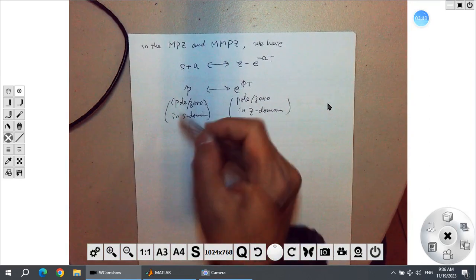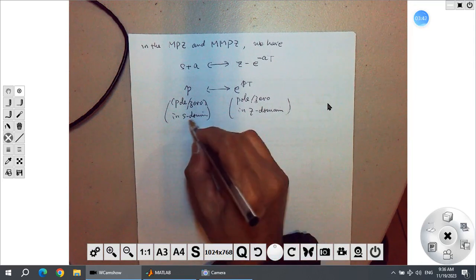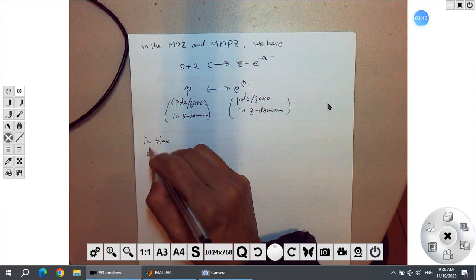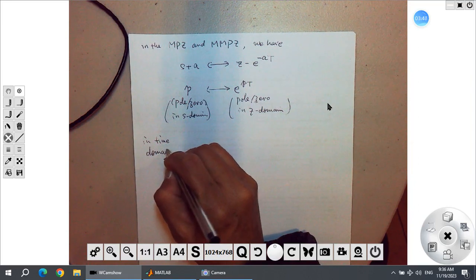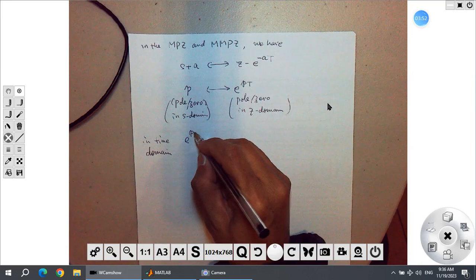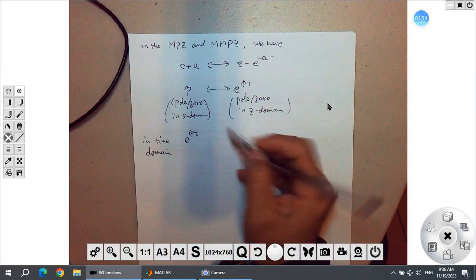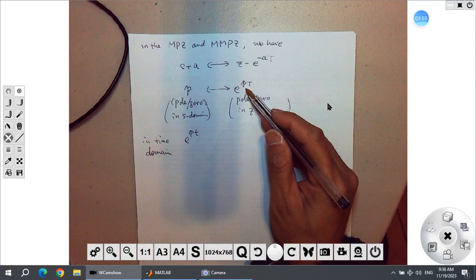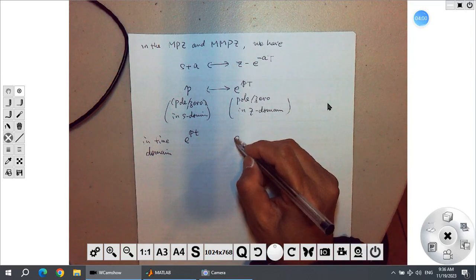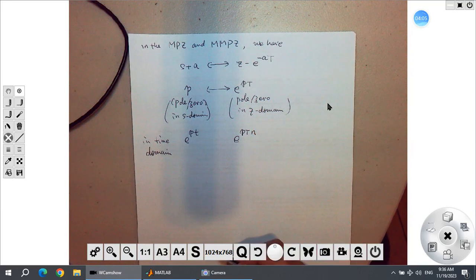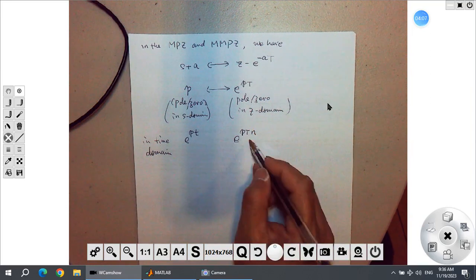And in the time domain, this P corresponds to e to the P times T. For every pole you have a term like this in the solution. Similarly here we also have e to the PT, now times N. In the time domain we have these 2.